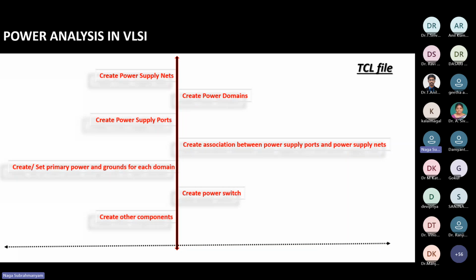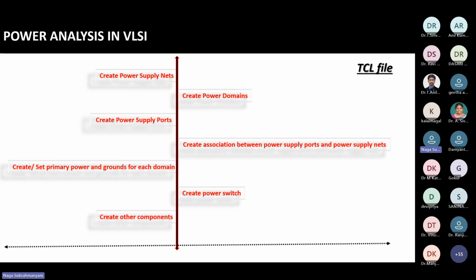These are the various things which are in the UPF. Different power supply nets will be there, and for all of those we will create a power supply net. As I told previously, various power domains will be there, and for that we need to create power domains in the UPF. Supply ports will be there too: a 1.2 volt port, a 1.4 volt port, a 0.8 volt port.